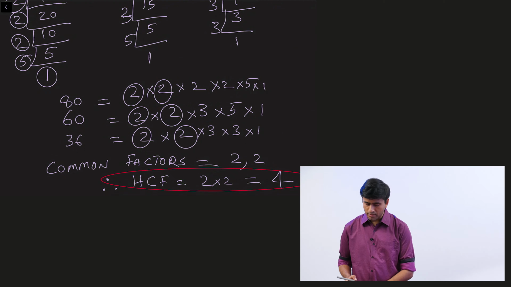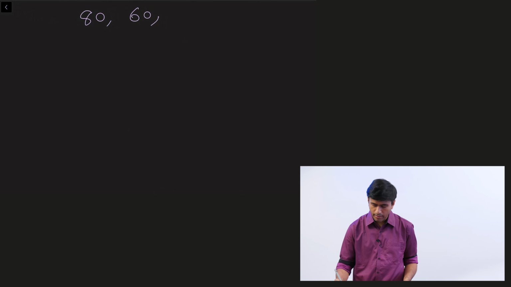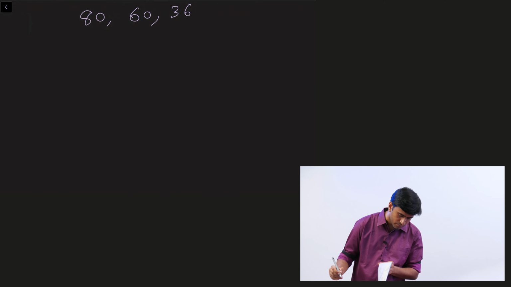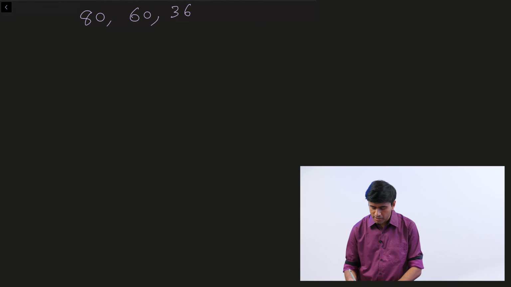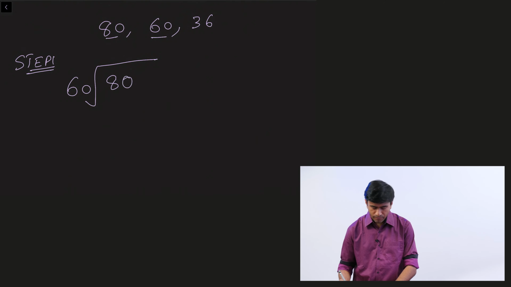Let's look at the second method, long division. Let's find the HCF using long division. We are taking the same numbers, 80, 60 and 36. In this method, the first step is to divide any two numbers. So we divide these two numbers, 80 divided by 60. 1 times 60 is 60.